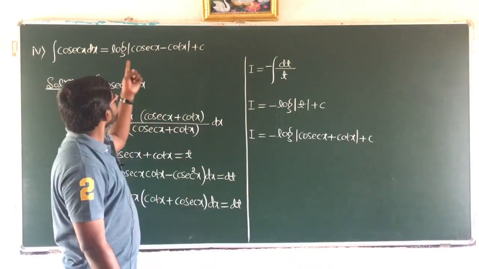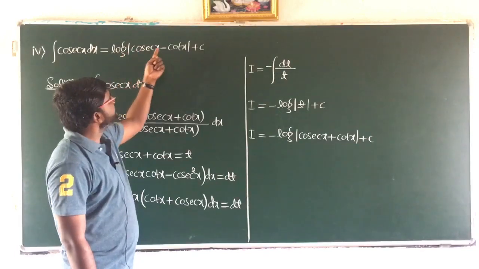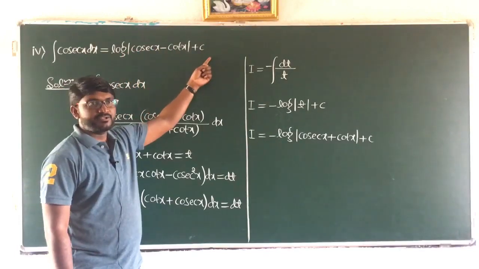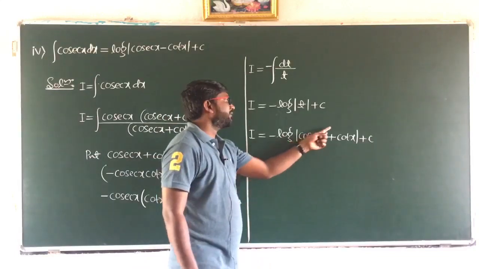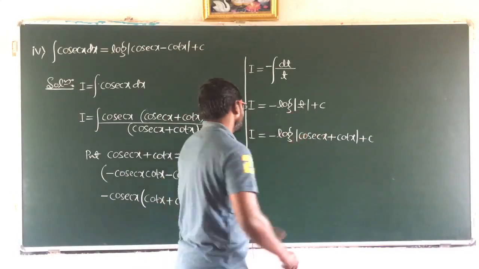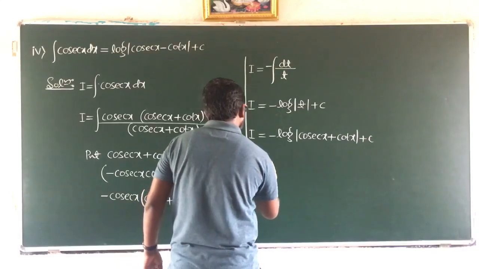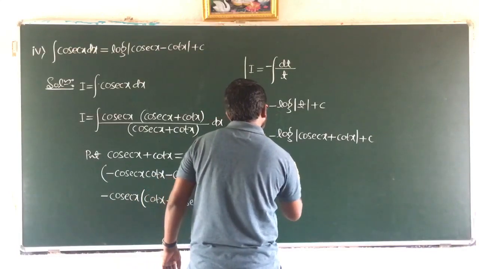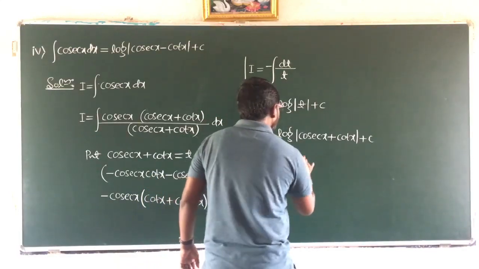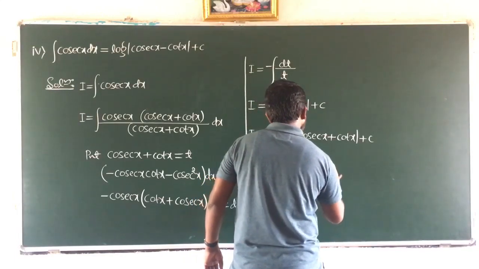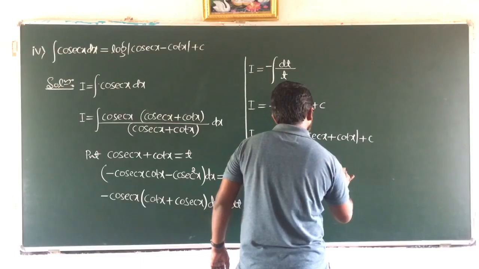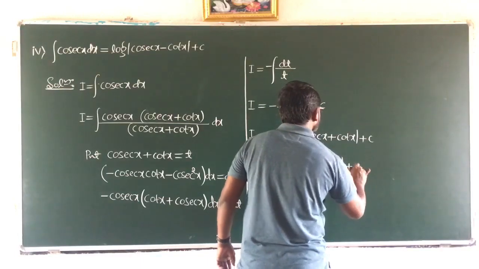The answer is log mod cosecant x minus cot x plus c. So here, if you remove this minus sign, we have to take the reciprocal. So now I is equal to log mod 1 divided by cosecant x plus cot x plus c.